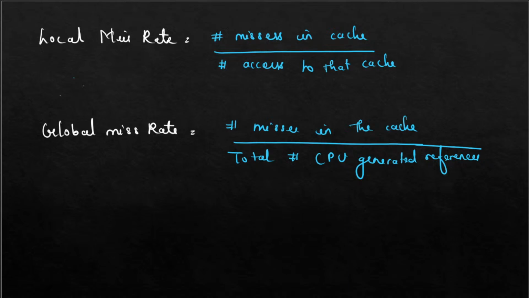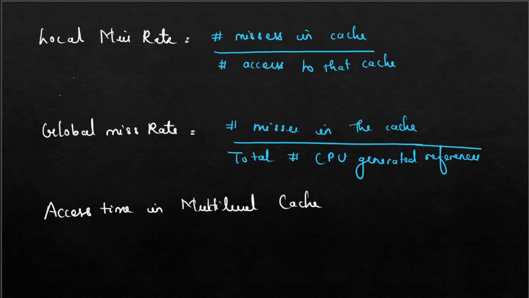Alright. Now let's see access time. Access time in multi-level cache, which is level 1.